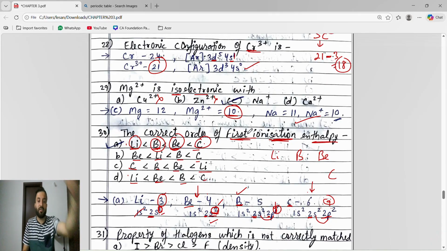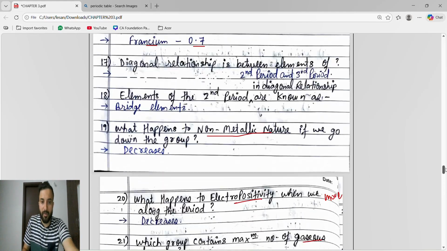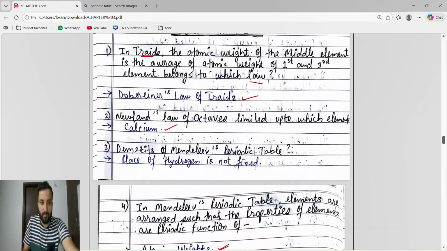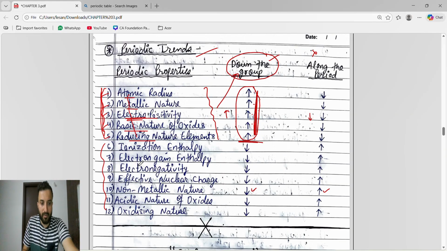For first ionization enthalpy, directly we will see the periodic table. What we know for ionization enthalpy is that along the period it increases, and down the group it decreases.